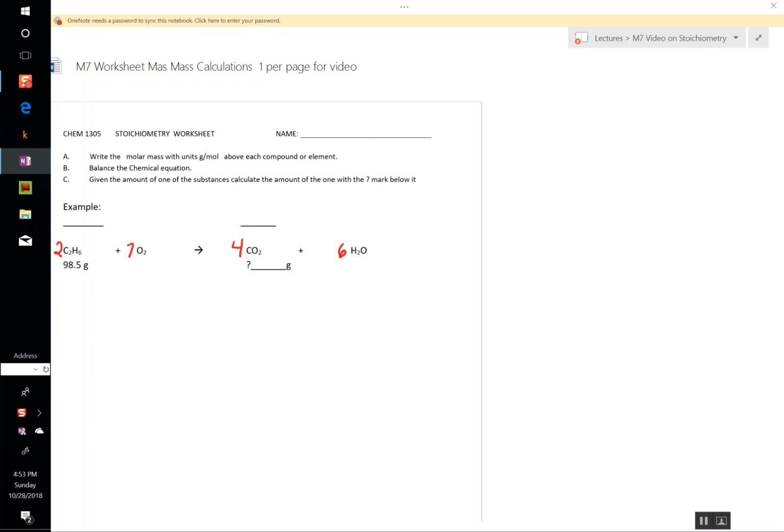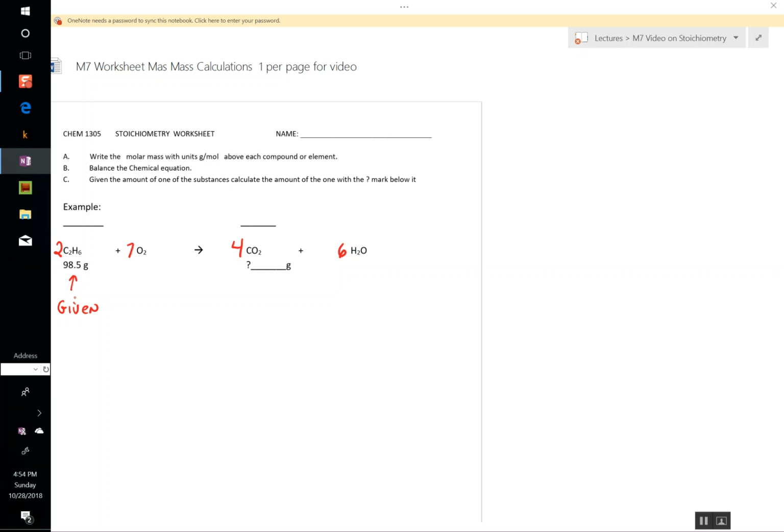These are going to be the stoichiometric ratios. They're going to tell us things like, well, we're given, this is what we're given. So in words, this might say, what would be the amount of CO2 produced if 98.5 grams of C2H6 burned completely? How much CO2 would that produce?